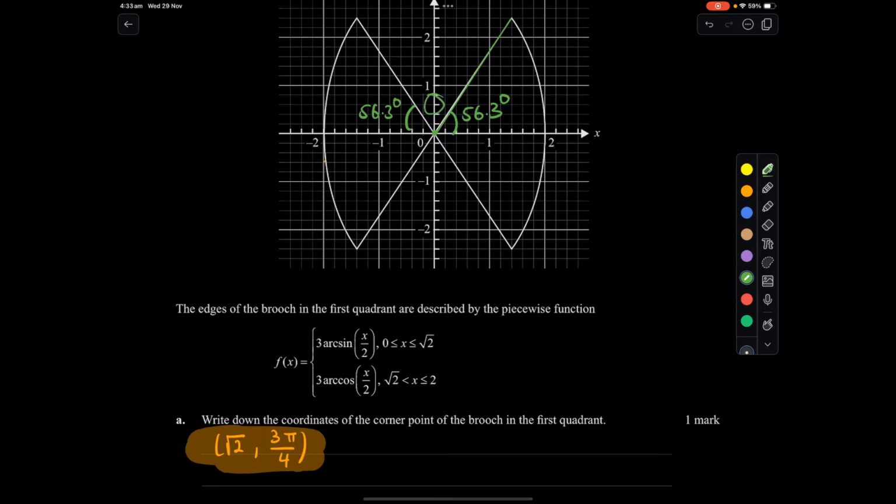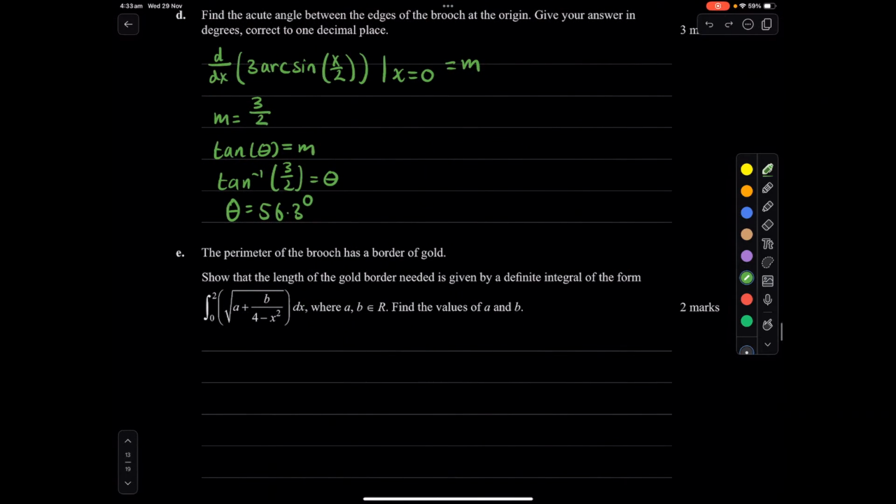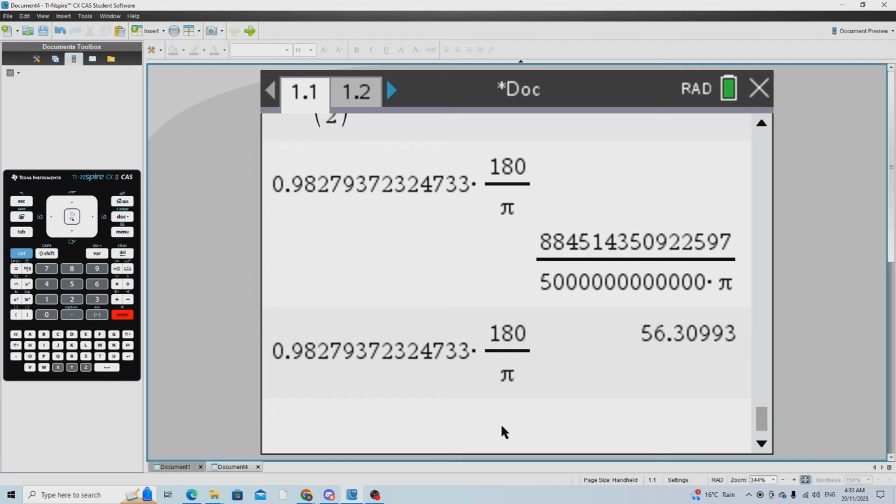And we just need to find the acute angle, which is this angle over here, which is 180 minus 2 of these over here. So that's great. So we can say 180 minus, what's 56.3 plus 56.3? That'll give us our angle. Let's use our calculator.